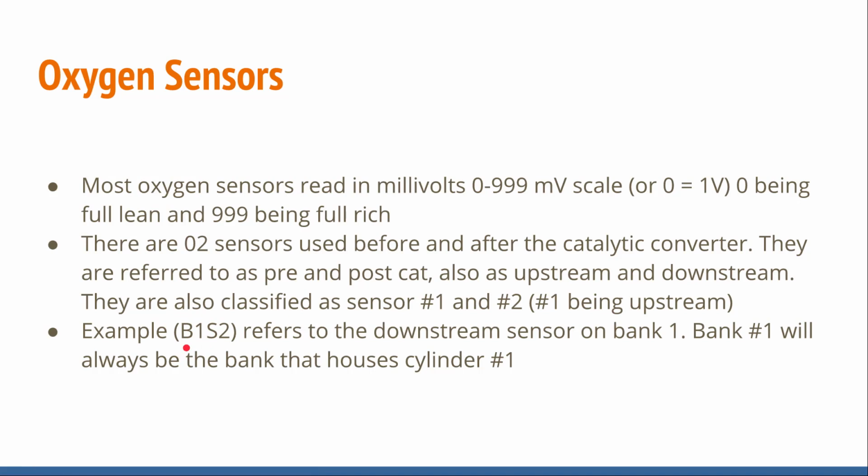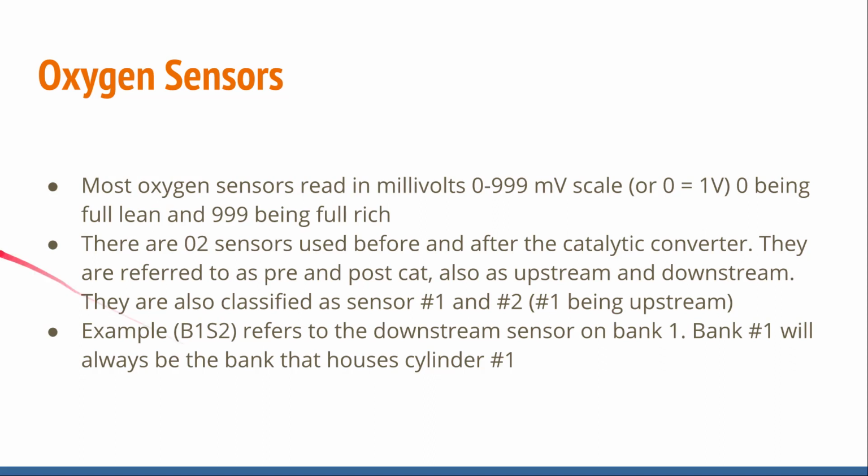Now an engine that is a V6 or a V8, they consider that engine to have 2 banks. It's going to have 1 bank on the driver's side and 1 bank on the passenger side, or on a transversely mounted engine, 1 bank in the front and 1 bank in the rear. On an inline engine like an inline 4 or an inline 6, it's only going to be bank 1 because there's really only one bank.